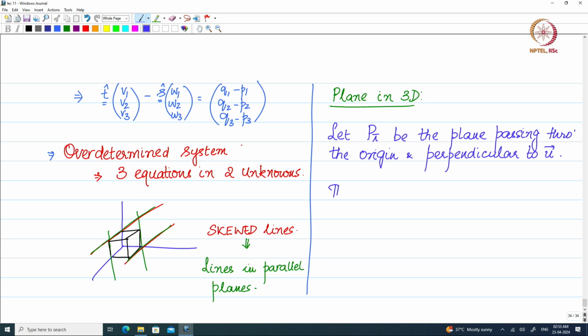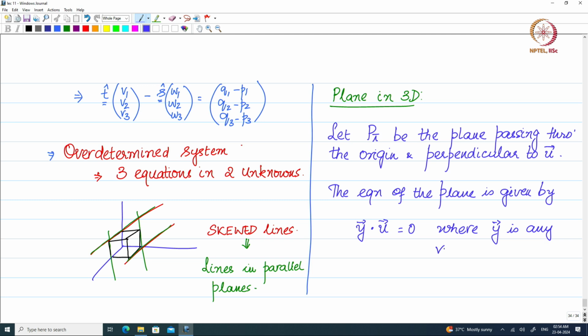So, the equation of the plane is given by y dot u is equal to 0, where y is any vector on the plane pi, and we actually found out the distance from a point to the plane.